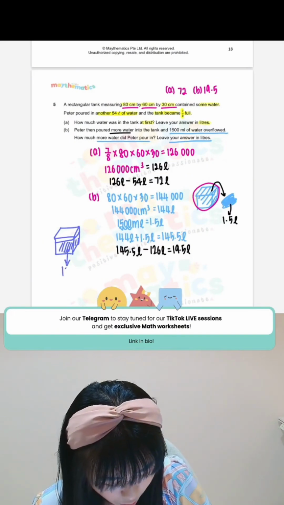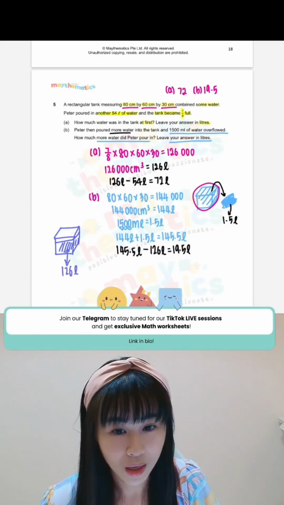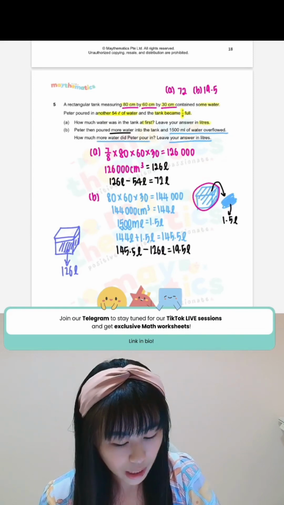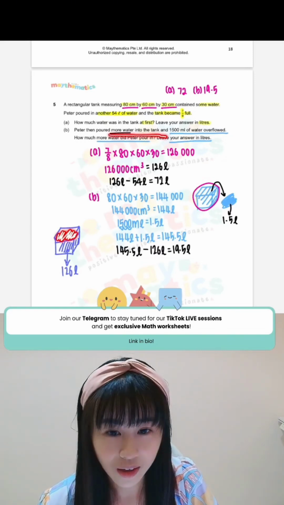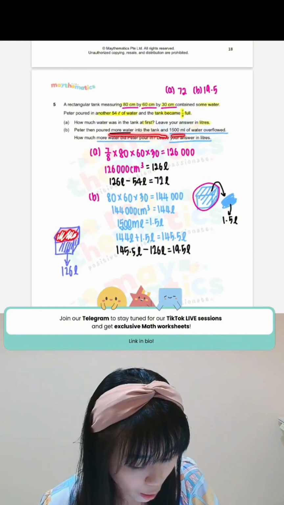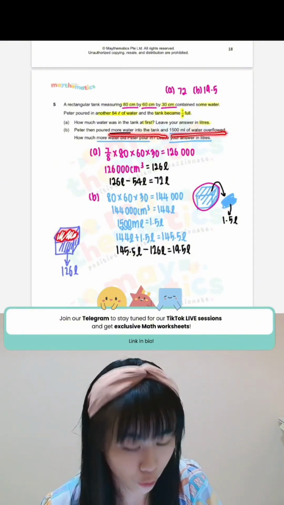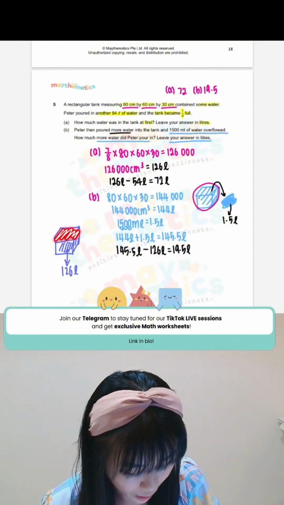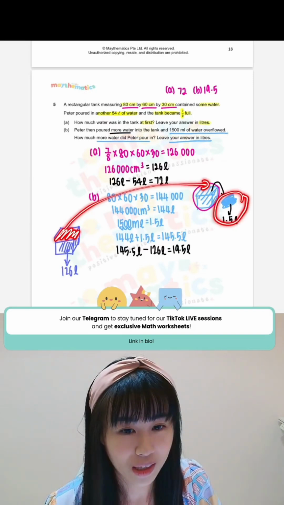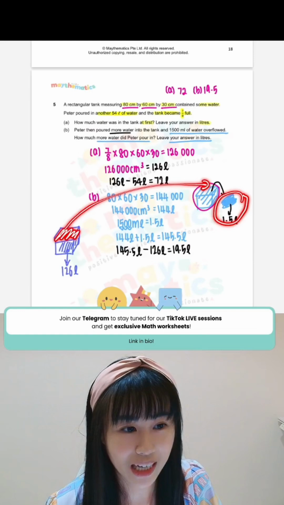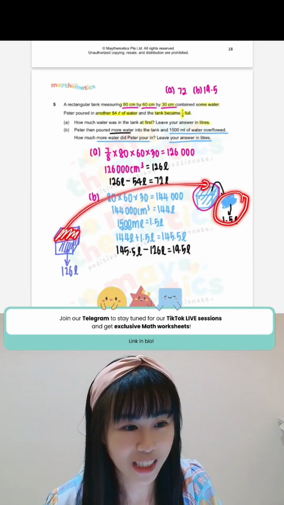So this whole thing is 126 liters. However, what is happening now is you pour more water into the tank. So you fill up this part, and then you still got water that overflows. So other than filling up this excess part, you still got this part being overflowed. Can you understand what's going on first?